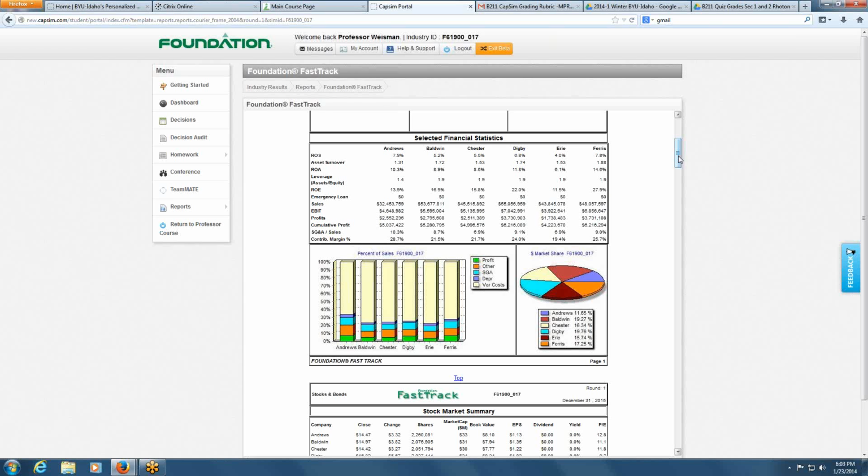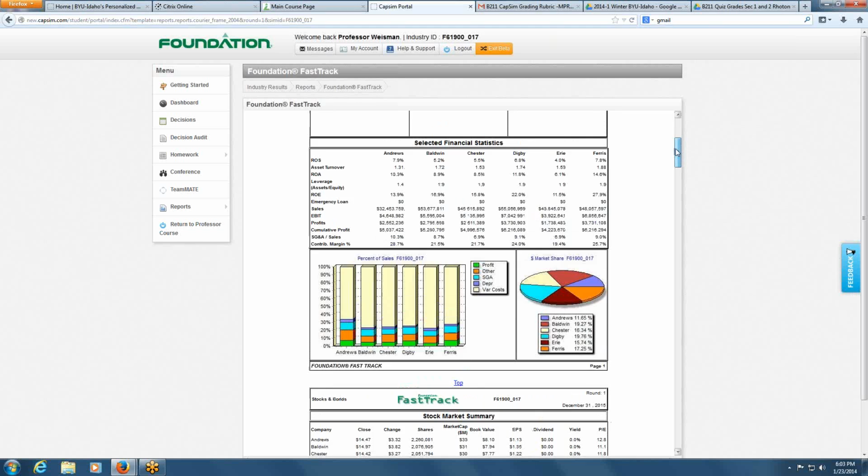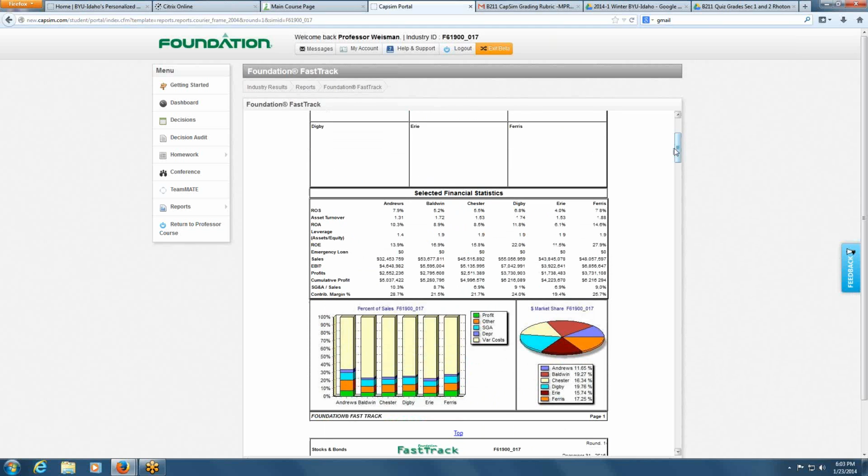Perfect. So if you want to see how you can do better, you're going to look at your financial statistics first, which is just the first page. And you're going to compare how you did against the computers. So Andrews on this one made about $32 million in sales, or $32 billion.